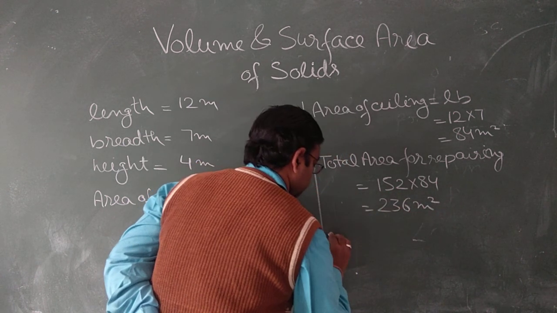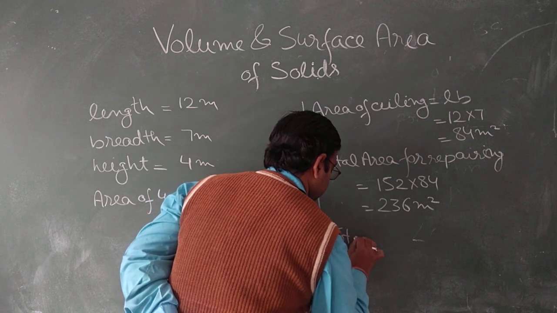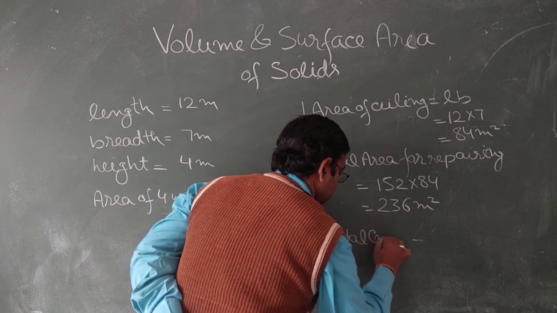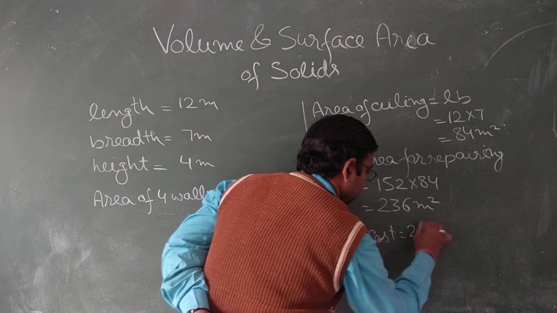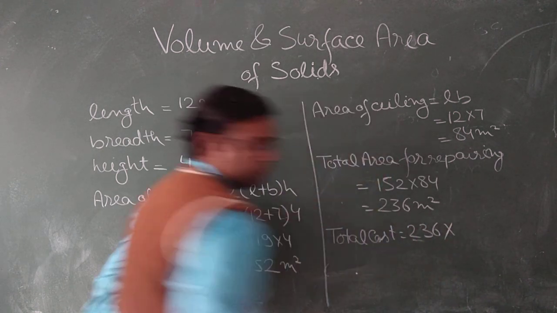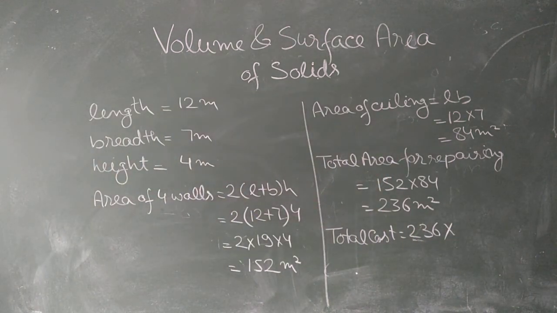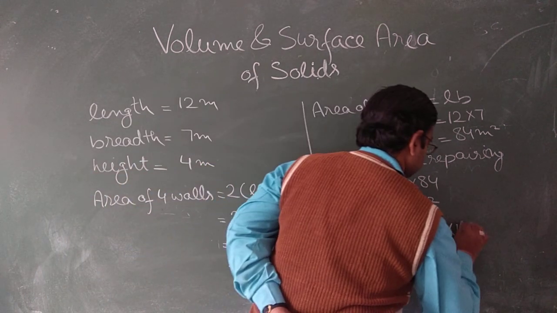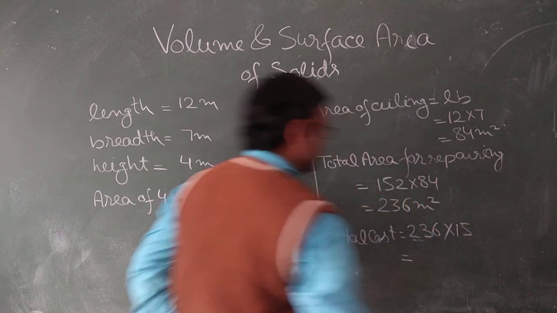So what is the total cost? It's 236, cost is 15 rupees per square meter. You can multiply, you have the answer.